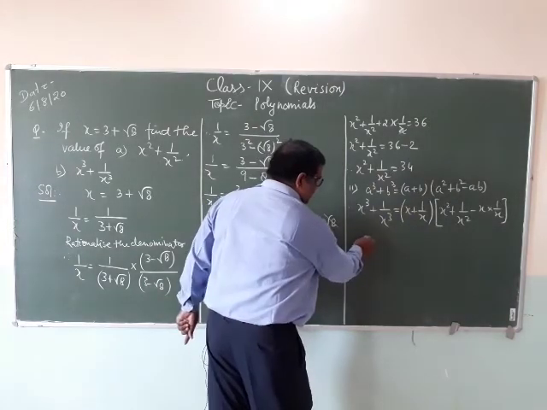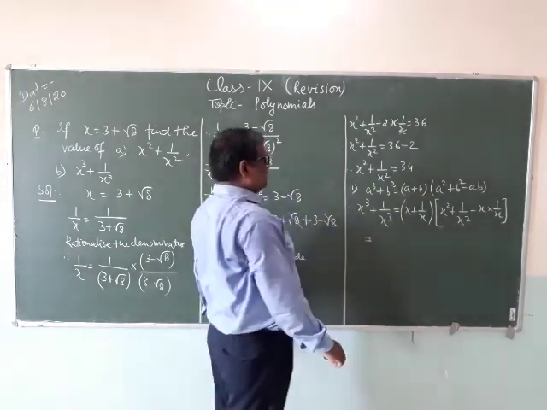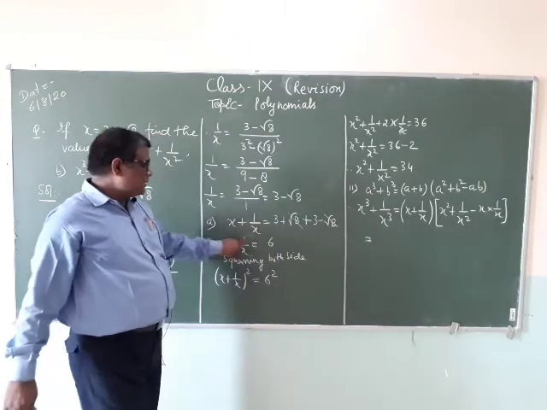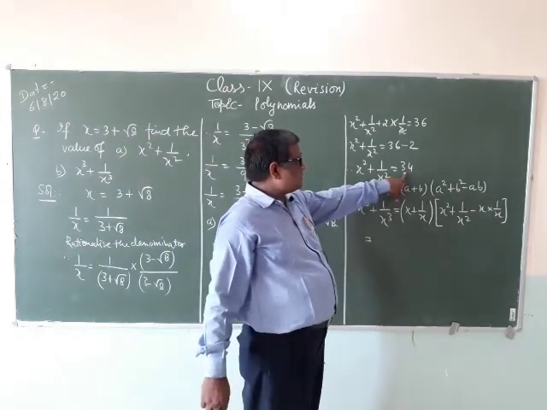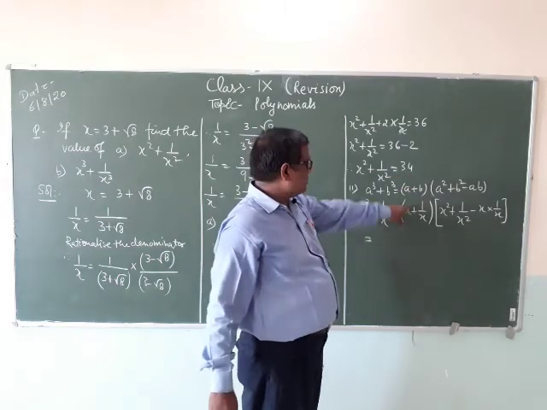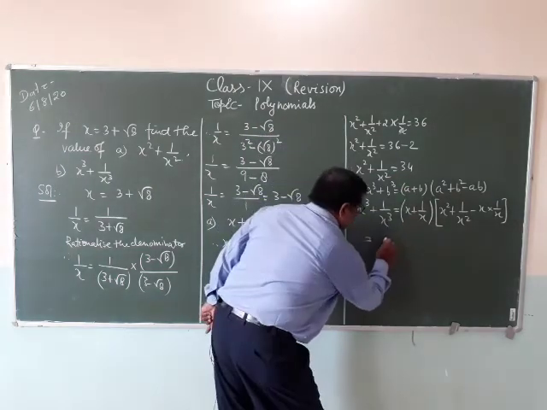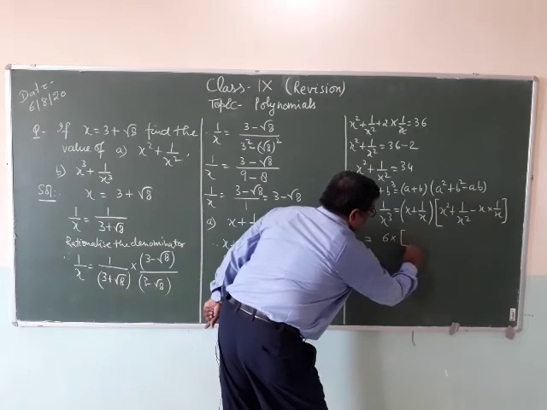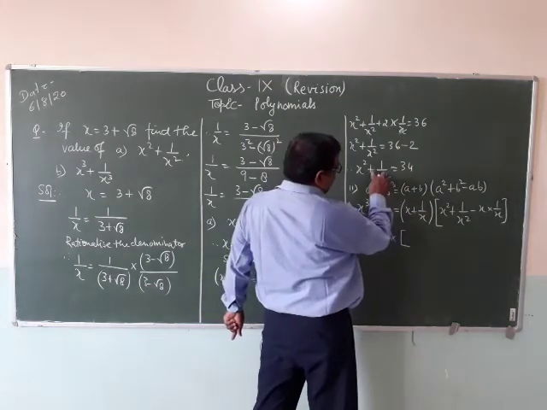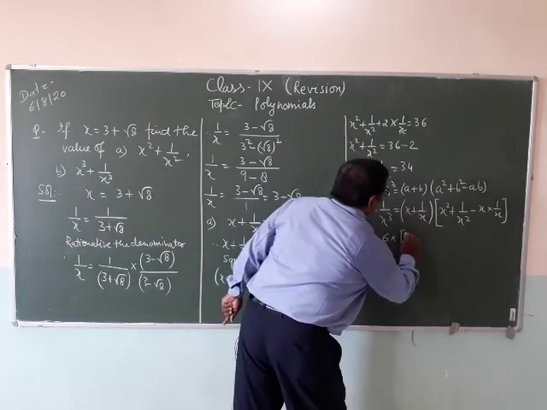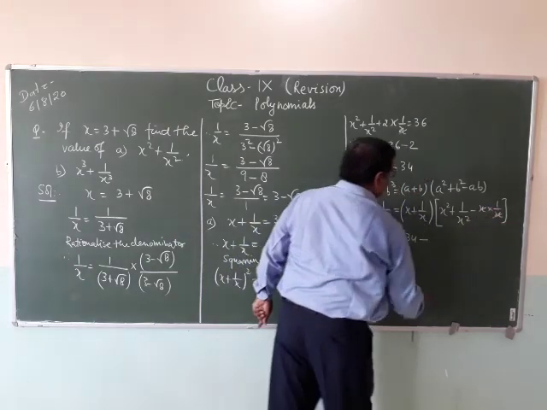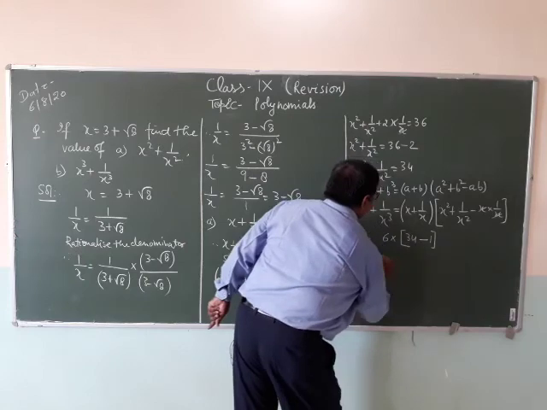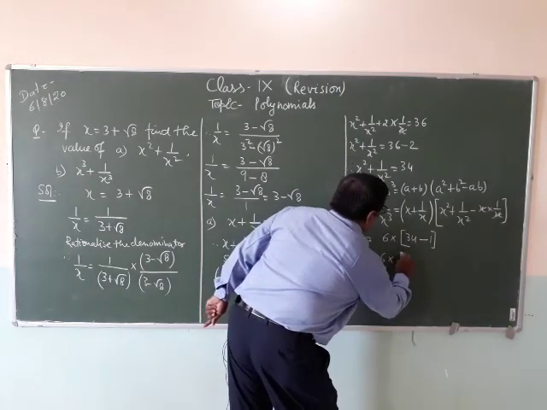Look here, what is the value of x plus 1 by x? That is 6. And the value of x square plus 1 by x square is 34. Now we write 6 into x square plus 1 by x square, which is 34, minus x cancelled with x, that is 1, which is equal to 6 into 33.